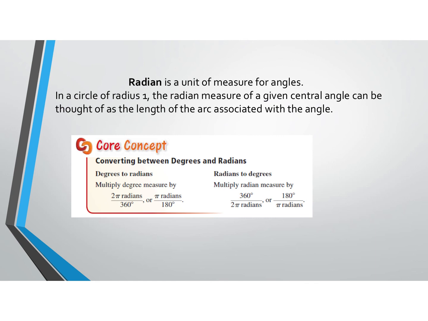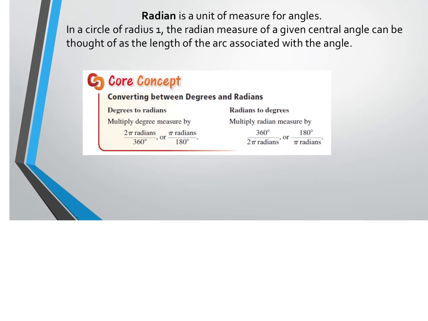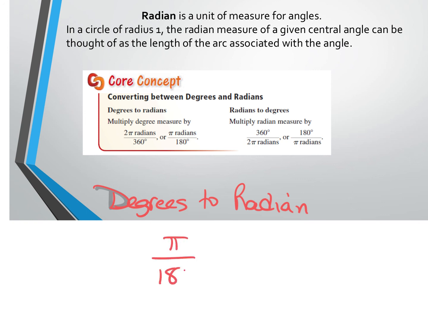So when we want to convert the unit of measure from degrees to a radian measure, we are going to use the conversion ratio of pi divided by 180.